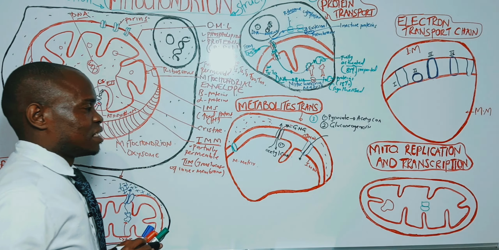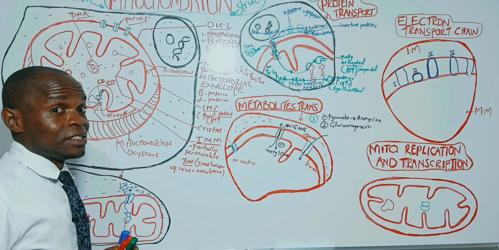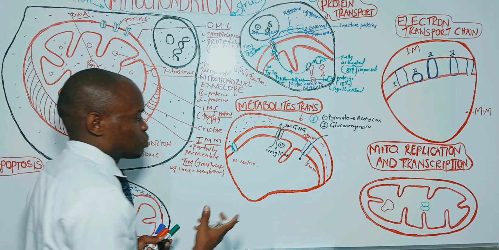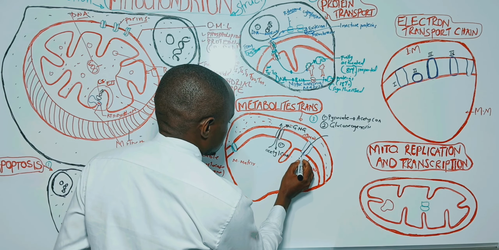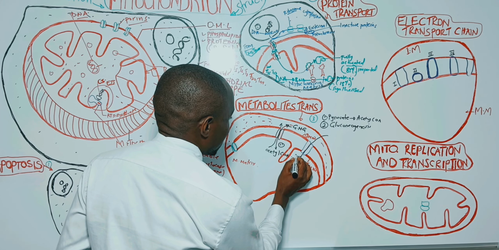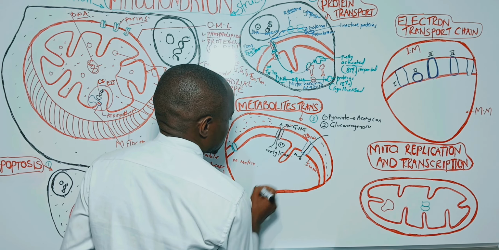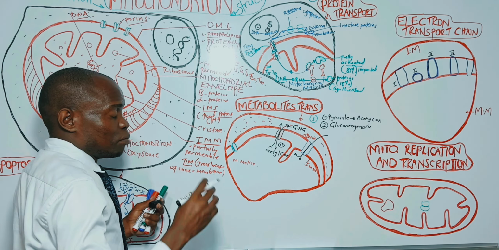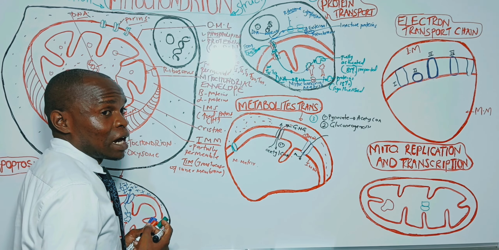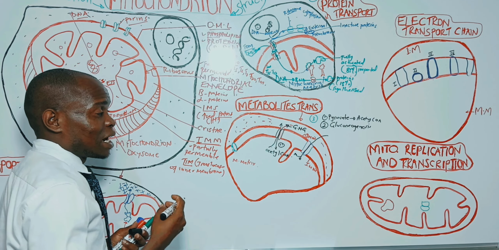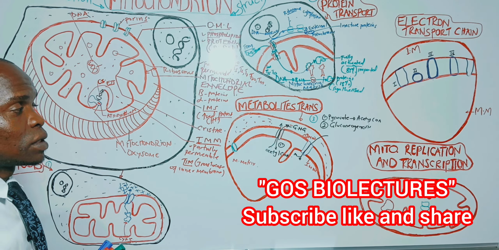But these amino acids have what we call an amino group, which is so toxic. So this amino group is going to undergo what we call the urea cycle, converting the amino group into urea.